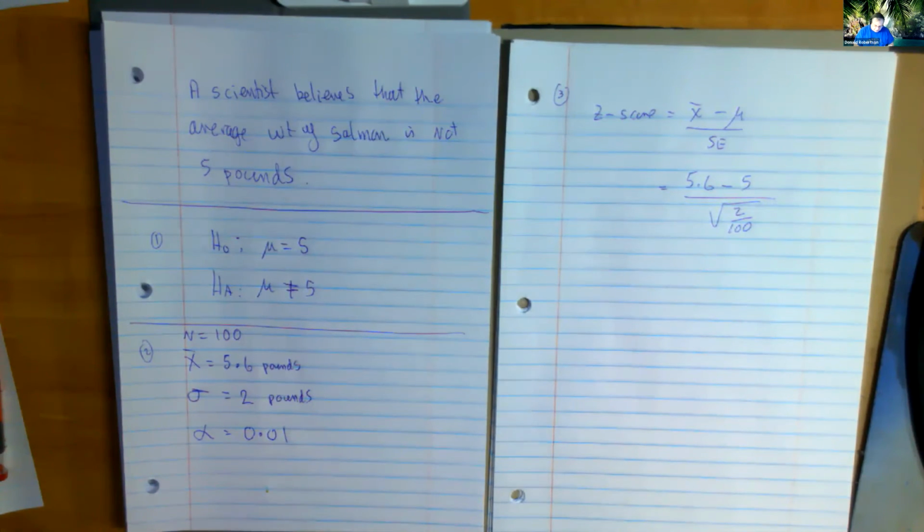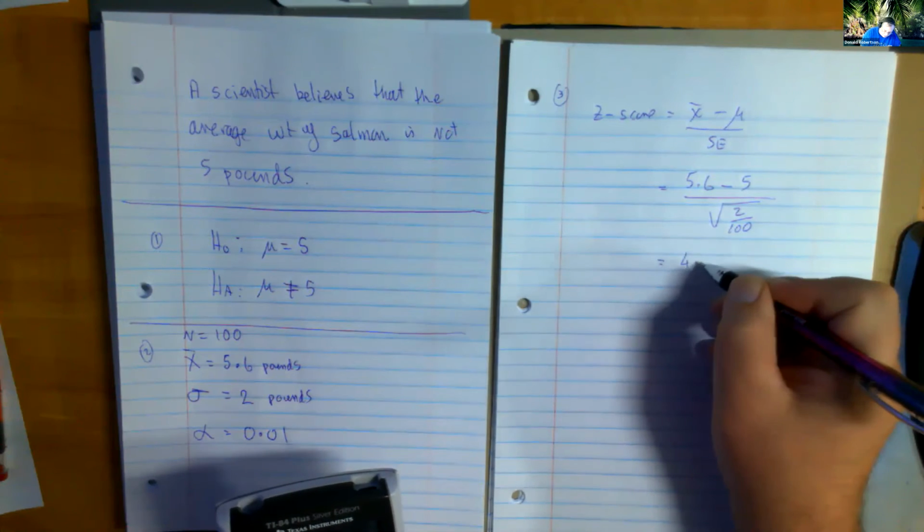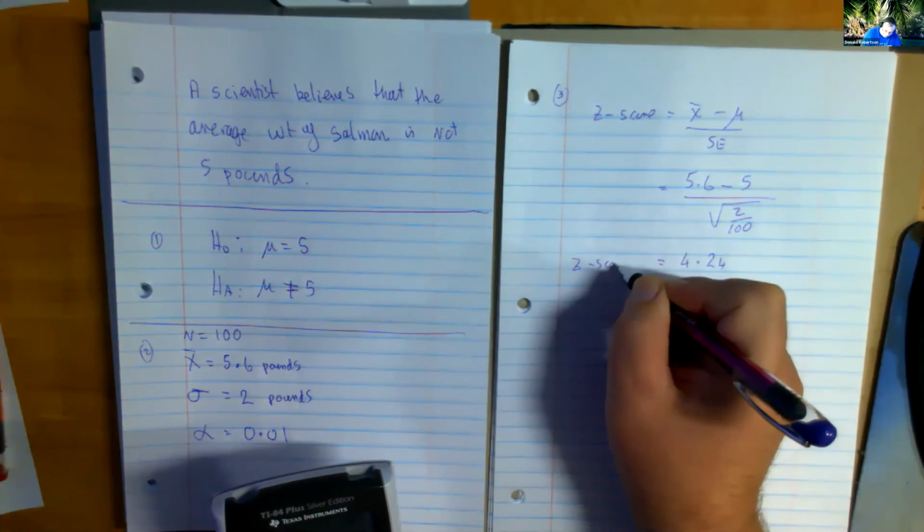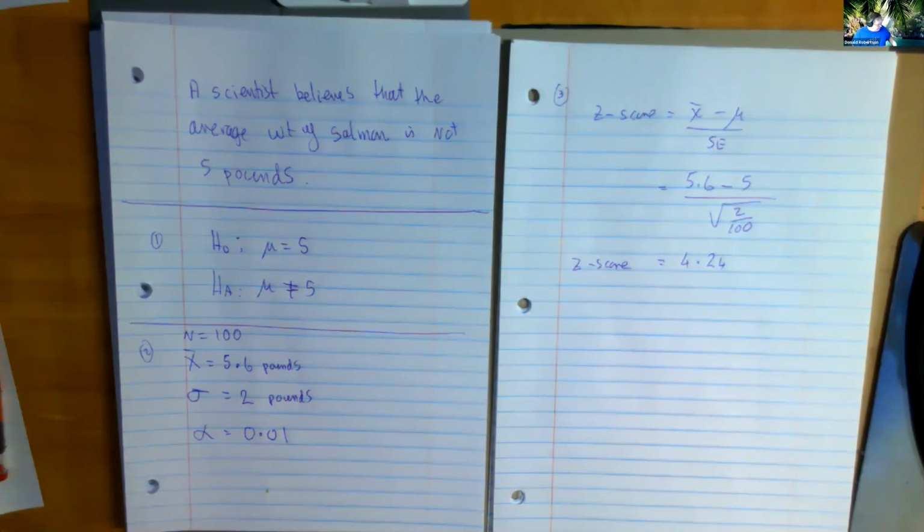Let's see what we get here. 5.6, take away 5, divided by the square root of 2 divided by 100, close the bracket, and I get a z-score of roughly 4.24. I can tell you right now that that is going to be significant.